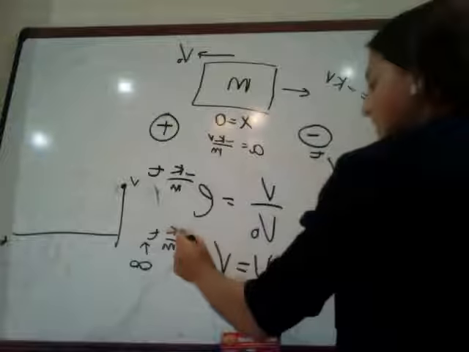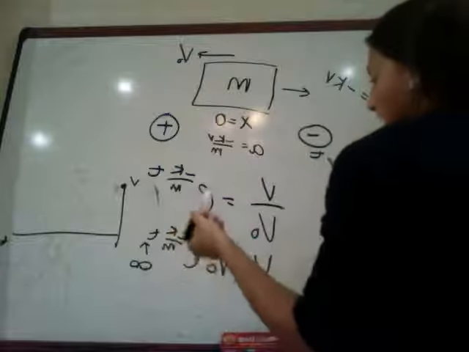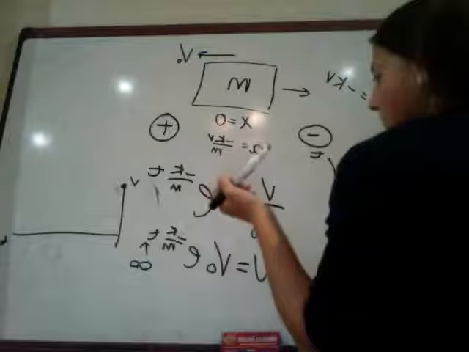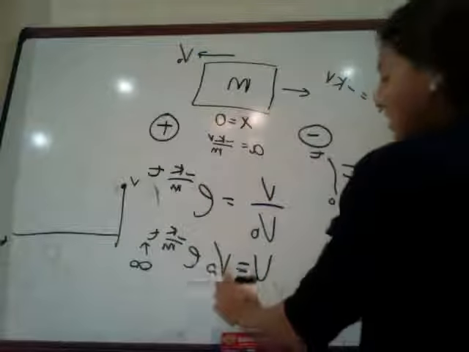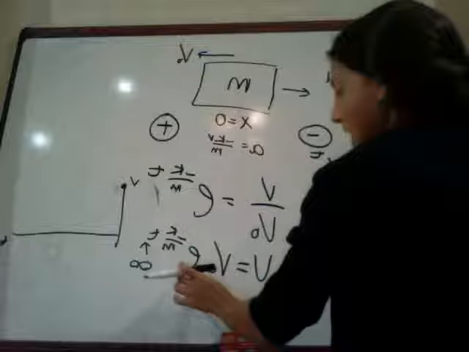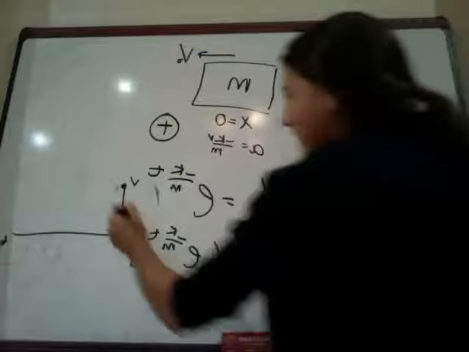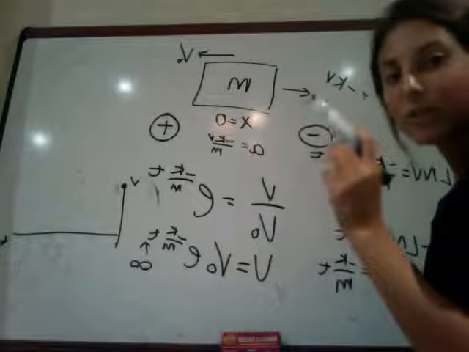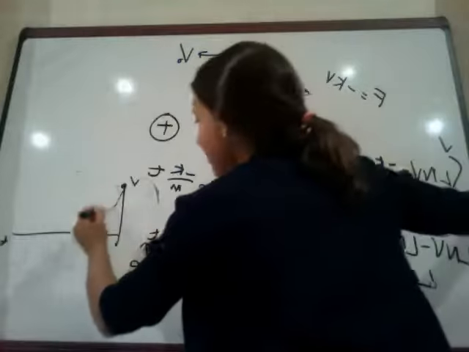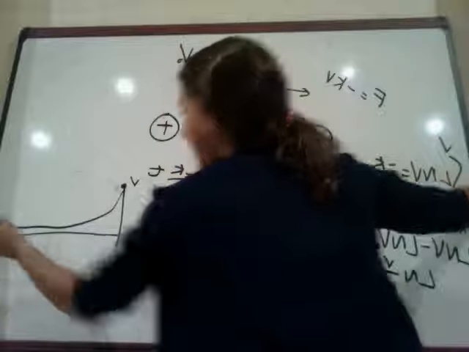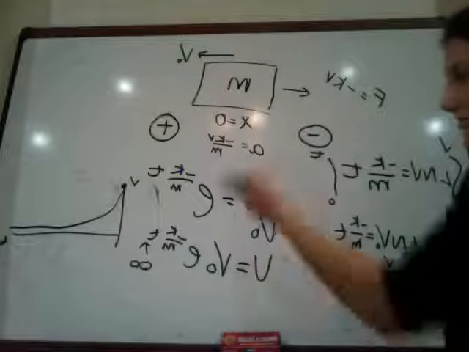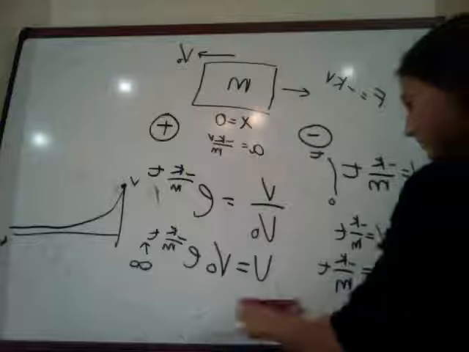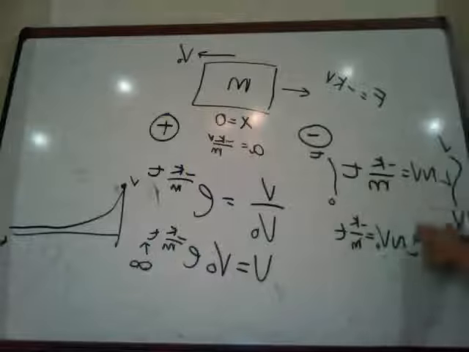So e to the negative infinity is basically 0, so v equals 0. But e to the negative infinity never really equals 0, it just gets so small it's almost 0, so the graph approaches 0 as time approaches infinity, but never hits 0. So it looks like that. So that is part B.